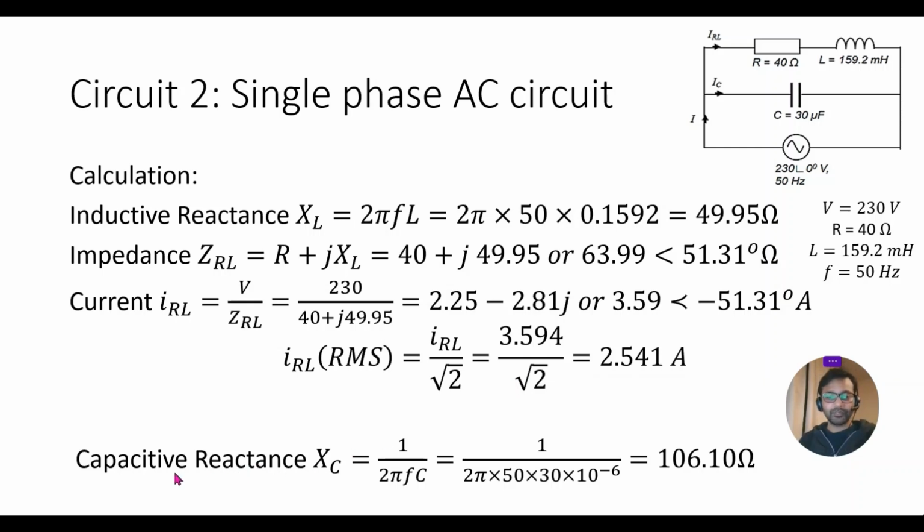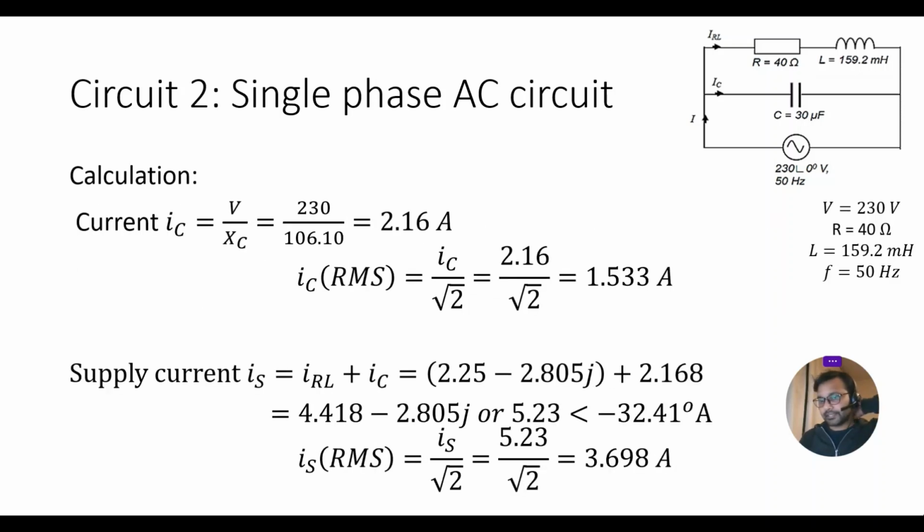The next thing is we can calculate the capacitive reactance using this formula, and that comes out to be 106.1. Now using that capacitive reactance, we can calculate the current flowing in the capacitor branch, again using Ohm's law. That comes out to be 2.16.